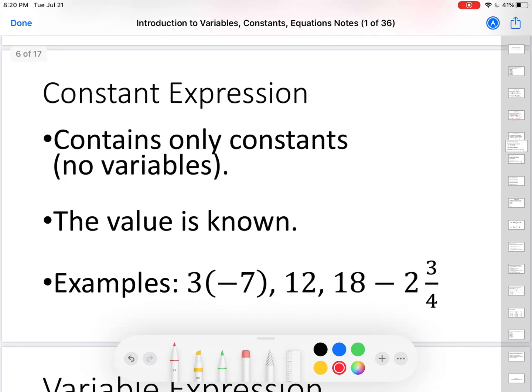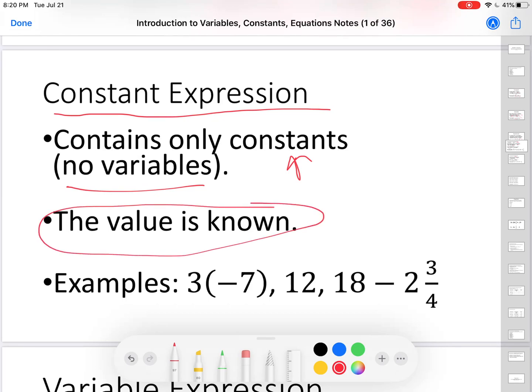Next. Now, there are different types of expressions. One type is called a constant expression, and a constant expression contains only constants and has no variables. And since it has no variables, that means that we know the value. All expressions have value, but we don't always know the value. In this case, we know what the value is.